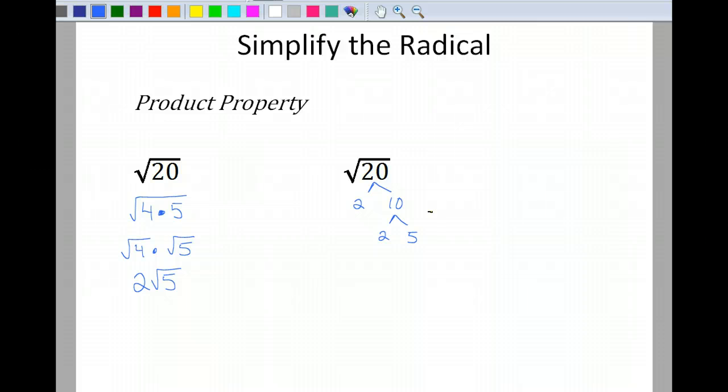And because I'm taking the square root, I'm going to look and see if I have a pair of numbers. Well, in this case, I've got a pair of 2's. So this pair of 2's are going to go out. Oh, and I've got this poor little lonely 5. He's got to stay home because you can only go out if you've got somebody to go out with. So that gives me 2 square root of 5.